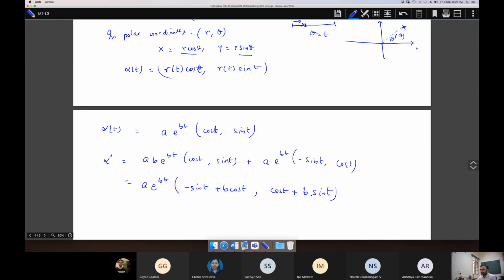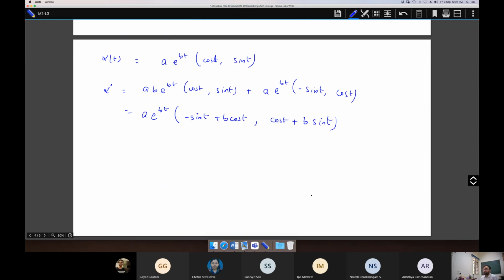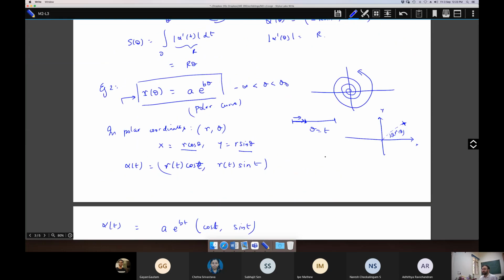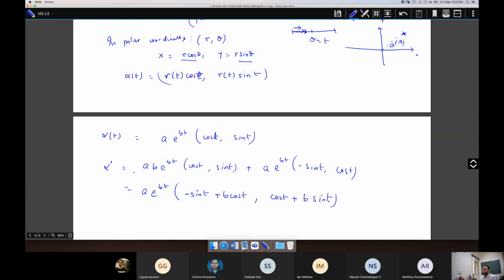Everybody with me? This means that if you are at some point t in parameter space, the tangent vector will be parallel to this vector.